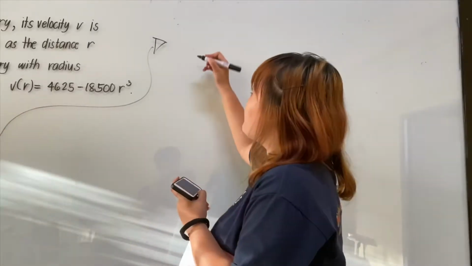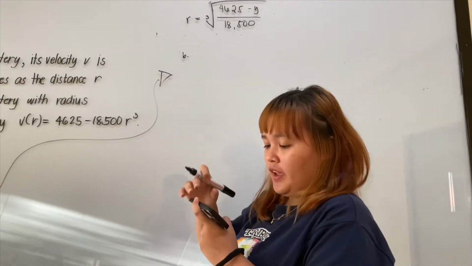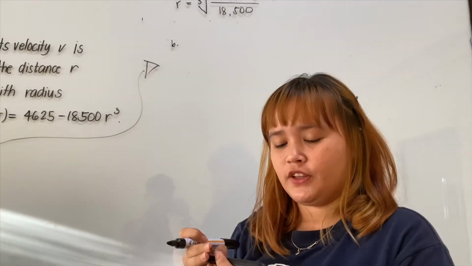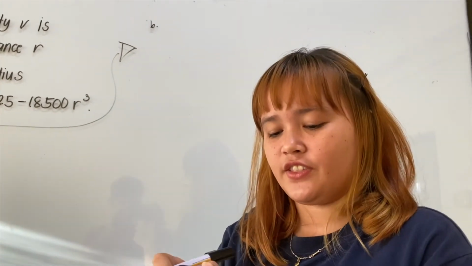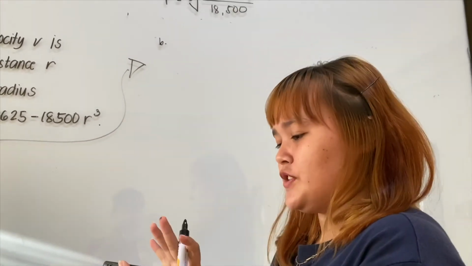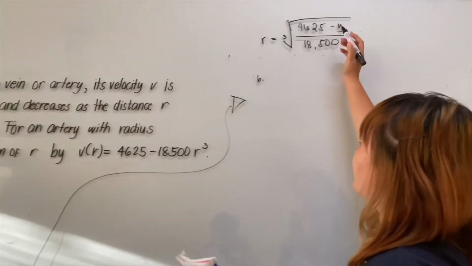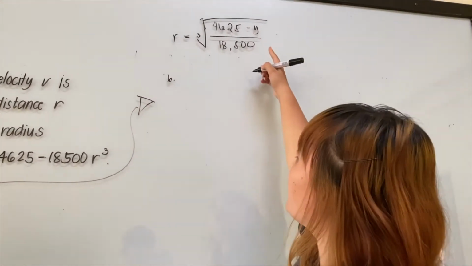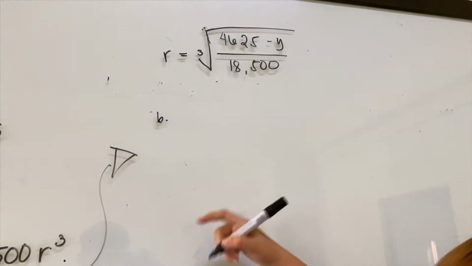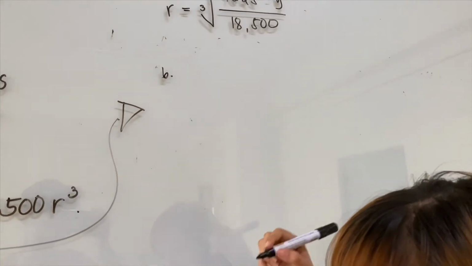So for letter B, if the velocity of the movement of the blood is 4,335, what is the radius of the artery? So the equation is this. We're going to substitute y with 4,335.